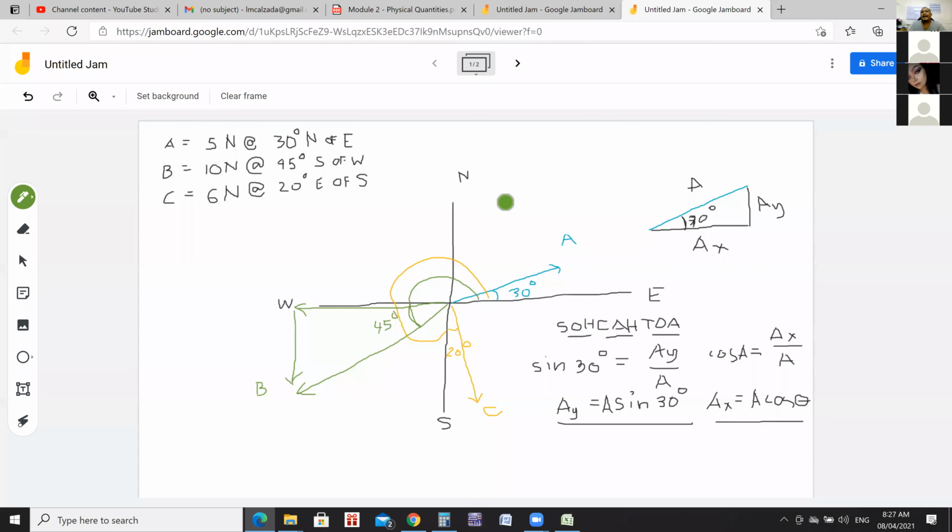Di ba? Sine, cosine, tangent, cotangent, secant, and cosecant, all of them are positive. Di ba? Positive ba siya tanan?